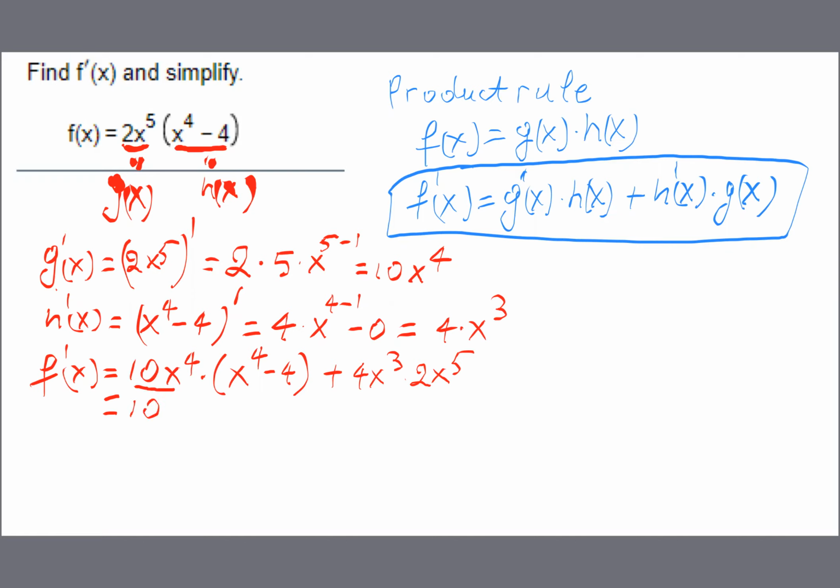That is 10x to the 8th minus 40x to the 4th, plus 4x to the 3rd times 2x to the 5th is 8x to the 8th. That equals 10x to the 8th plus 8x to the 8th is 18x to the 8th minus 40x to the 4th.